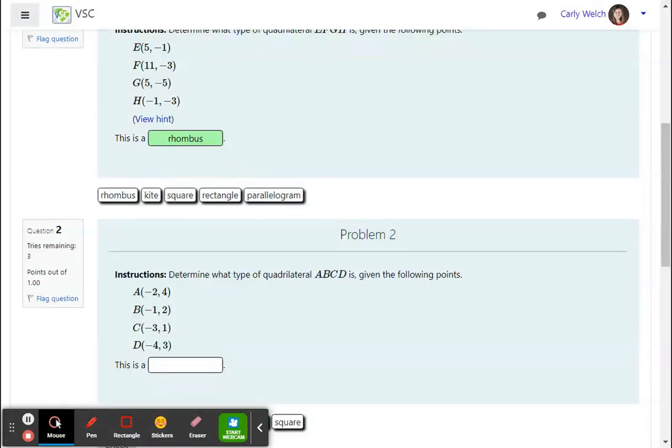All right, so looking at this, I thought there was a way to connect the lines.